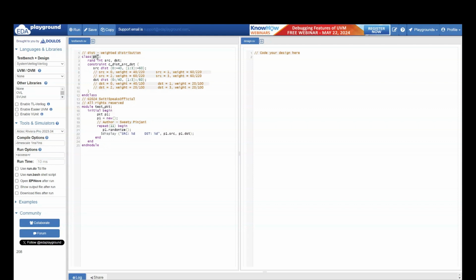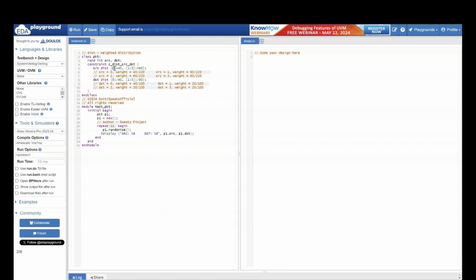I have a class packet in which I have two random variables, source and destination. For source, I am using the dist operator, and inside it, this is the one which I am using. What was the meaning of this operator? This operator was saying that if you have a range of values, each value will have the same weight, whichever you have specified.